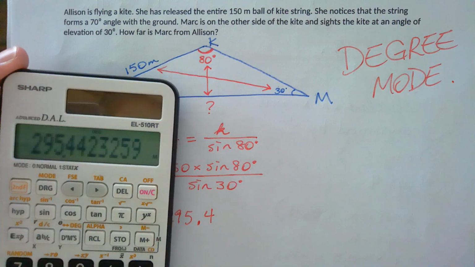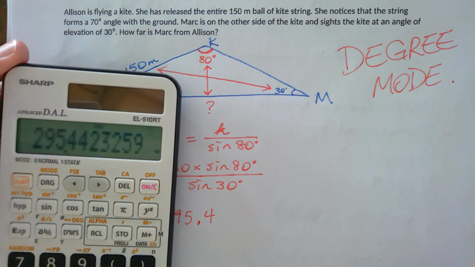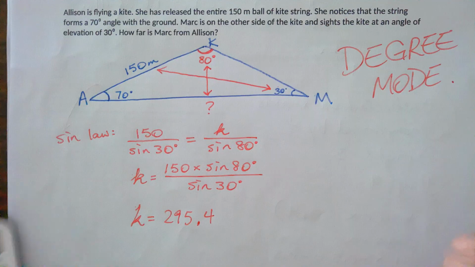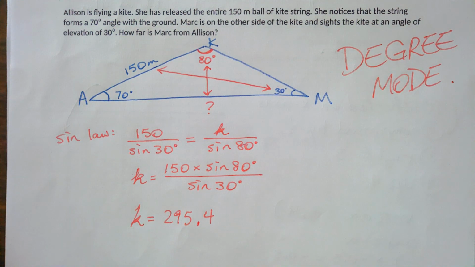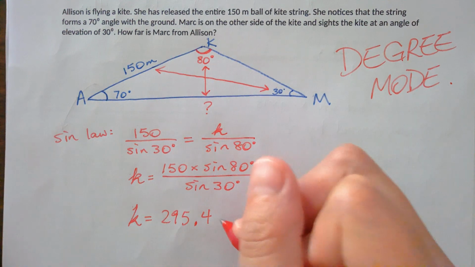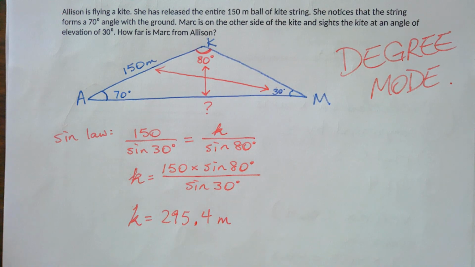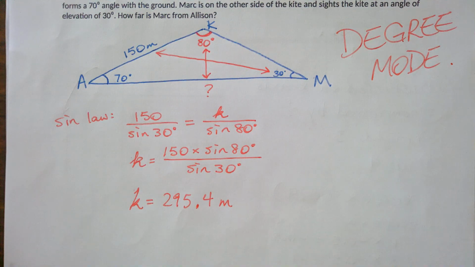Round to the nearest whole, 295. Full marks? What is my unit? Meters. A question like this is worth 2-3 marks. But if you don't get it, then you don't lose so many marks.